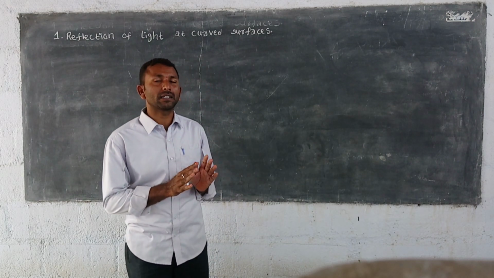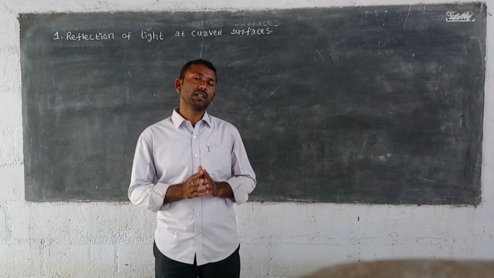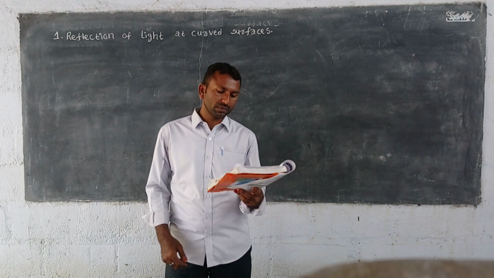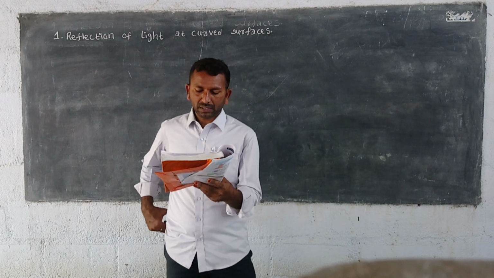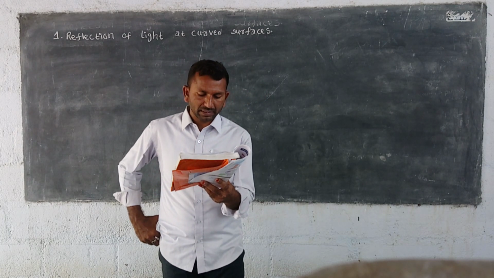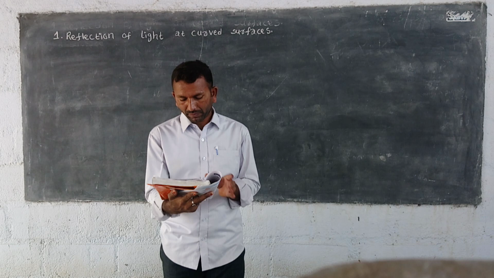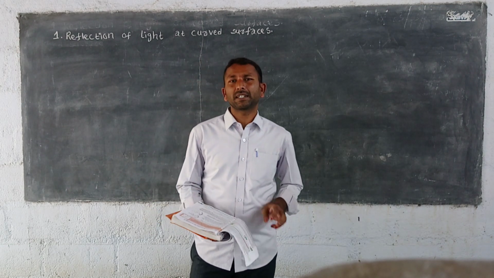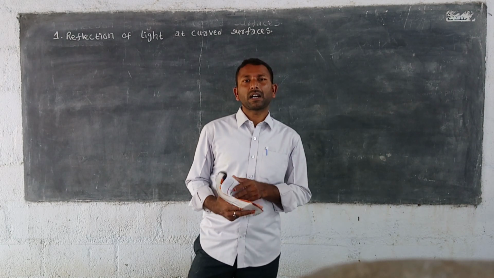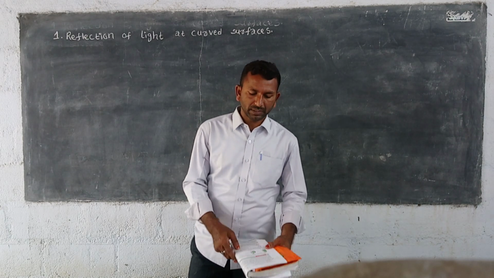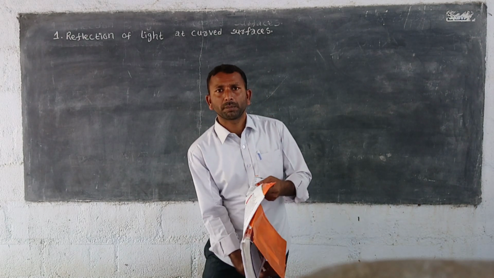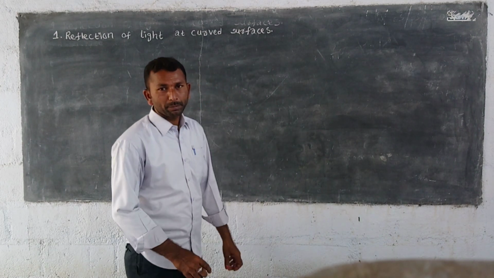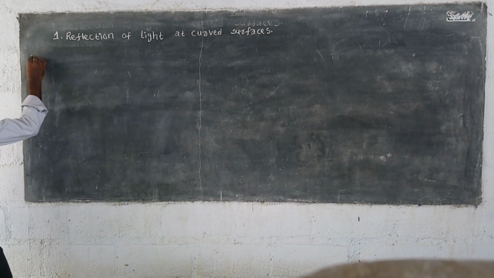We did not learn about curved surfaces, but here we have to. Let us discuss reflection of light by spherical mirrors in this lesson to get clarity on the above questions. Approximately six questions are there, and we can get clarity on all of them after completing the lesson. So the first topic is reflection of light by spherical mirrors.